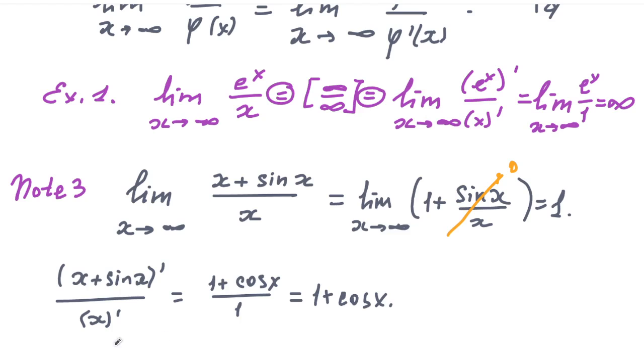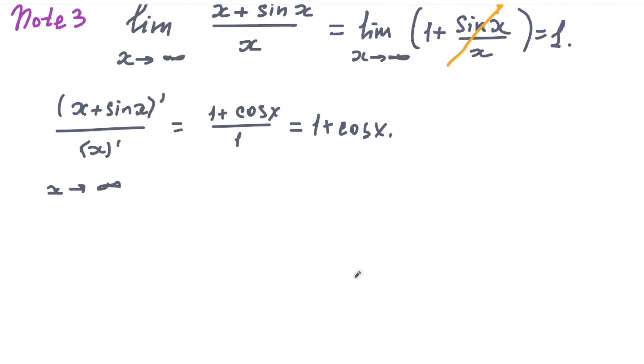As x approaches infinity, it does not approach any limit; it oscillates between 0 and 2.